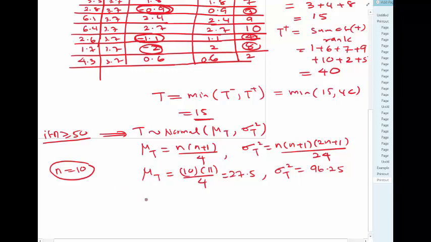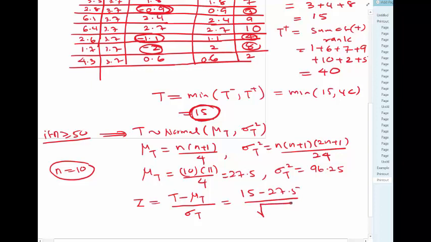Now we have to calculate the test statistic. So we use z, which is t minus mu t divided by sigma t. T is from here, 15, minus 27.5 divided by the square root of 96.25, because I need the standard deviation, not the variance.